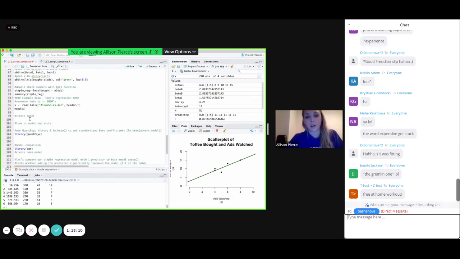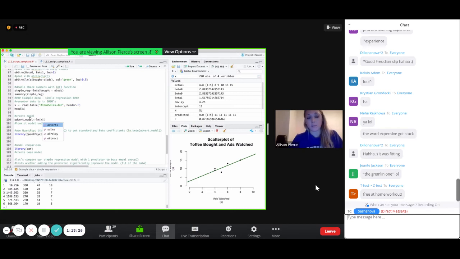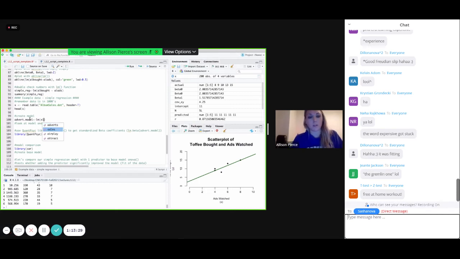So if we want to create the model, we'll call it advert model. Then we're going to do lm, just like we've done before. I just want to make sure I have this right.